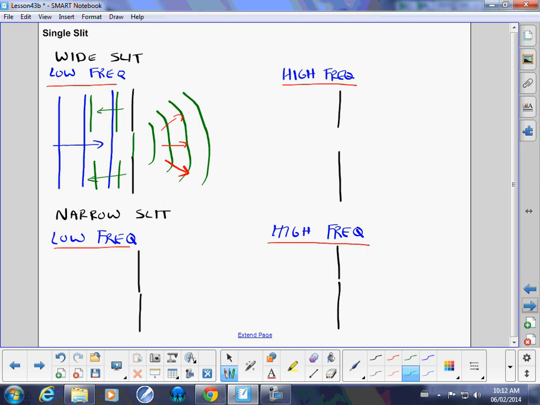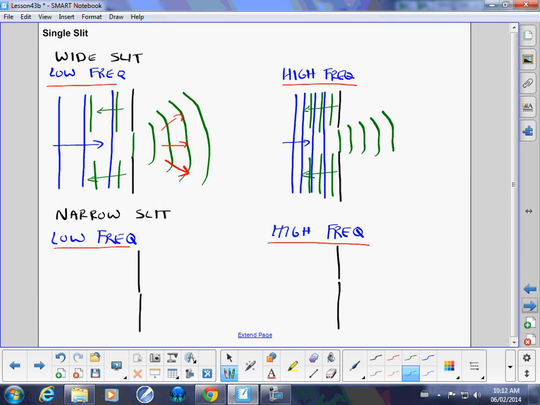Now the high frequency means that my crests are closer together. All right, same thing, I'll do it in blue. Waves that strike the barrier will reflect back, same as a ball would. Wave that gets through here though, in that high frequency, it also spreads out, but if you recall, high frequency waves for our investigation do not spread out nearly as much as a low frequency.